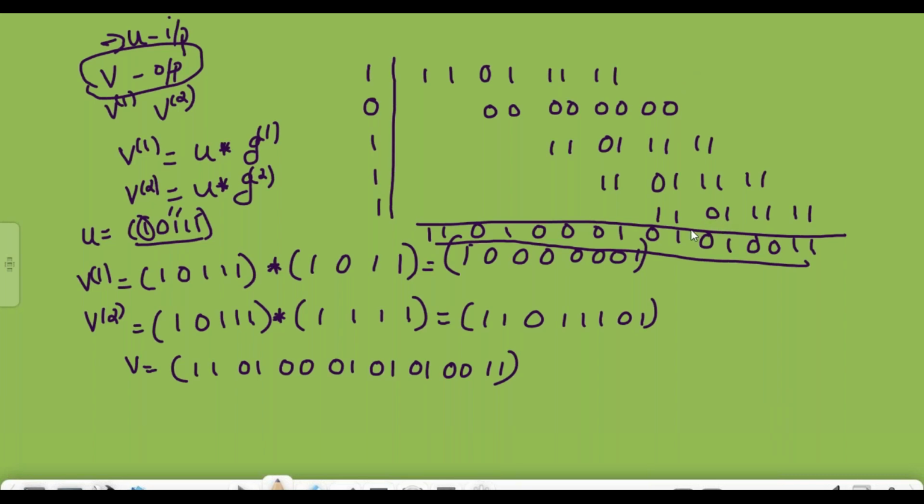Then next I am going to write the generator matrix corresponding to this convolutional code.